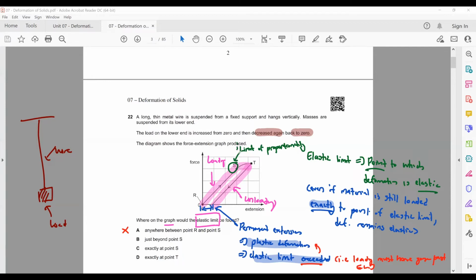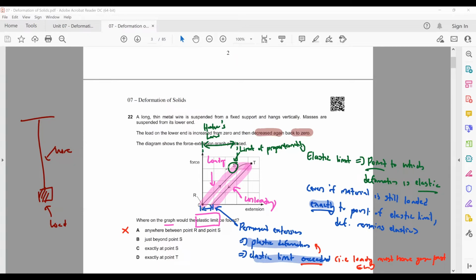Maybe I just draw something like this. Up to here, Hooke's law is still obeyed. So point S just tells you it is the limit of proportionality. Hooke's law is still obeyed up to that point.